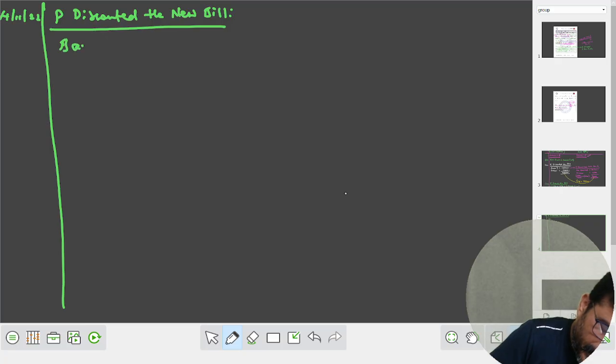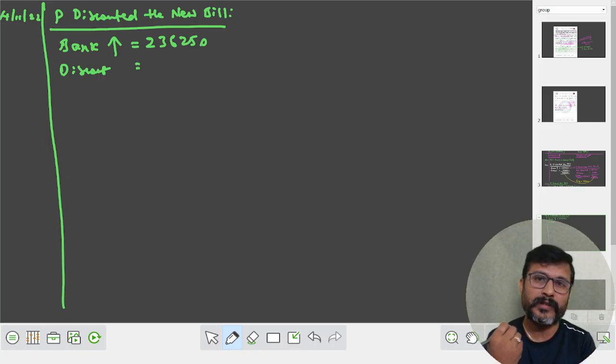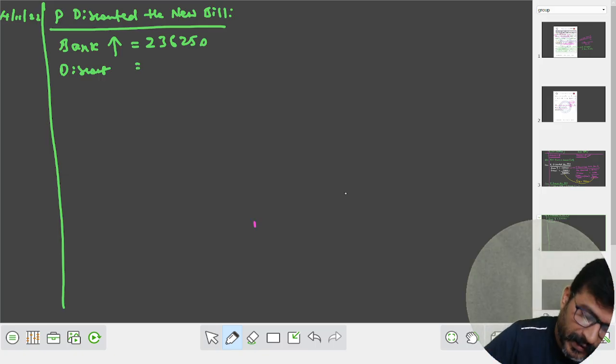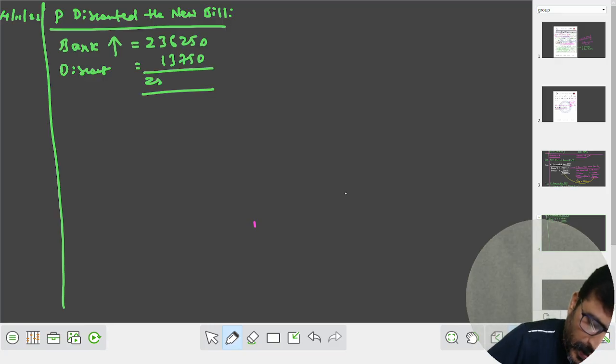For P, the bank balance increased by an amount of rupees 2,36,250. We have to write the discount. The discount comes to how much? Out of 2.5 lakh, you subtract it, 13,750. Total is 2.5 lakh.